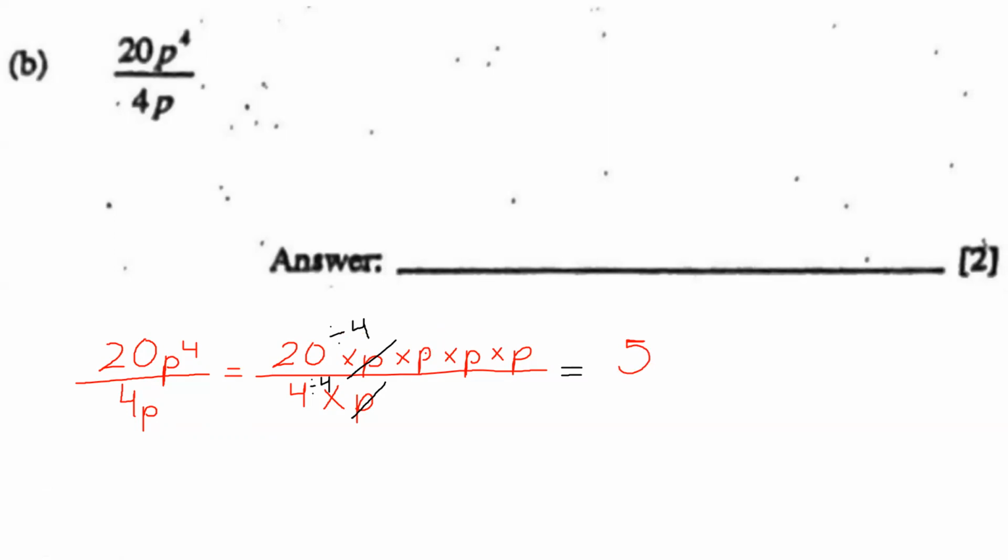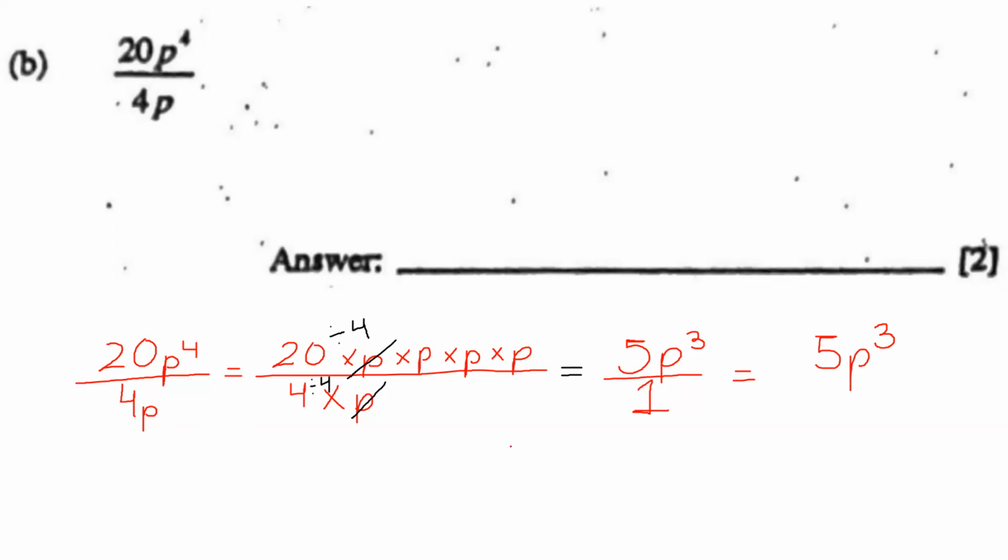And how many p's do we have? 1, 2, 3 p's, right? It's p to the 3rd power all over, what is 4 divided by 4? 4 divided by 4 is 1. And so we have 5p to the 3rd power divided by 1, which is the same thing as 5p to the 3rd power, because any number divided by 1 is itself. So definitely the answer is 5p to the 3rd power.